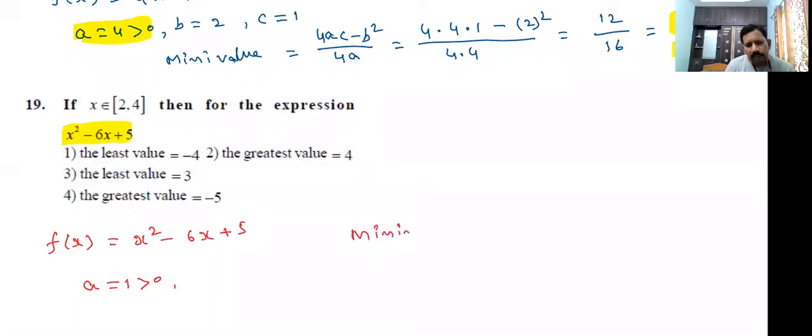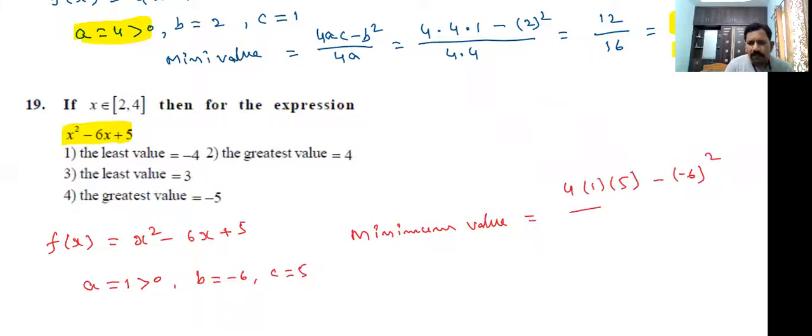Minimum value. What is the formula? What is B here? -6. C is 5. Apply the formula: 4AC minus B square divided by 4A.